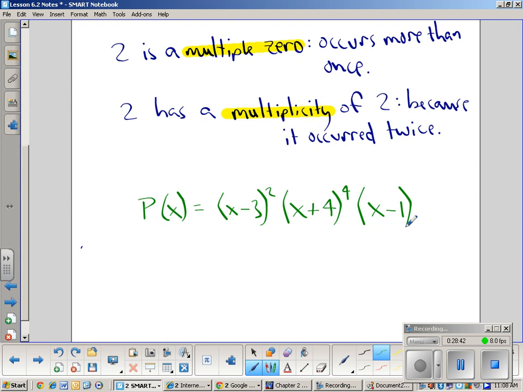Can someone tell her what multiplicity means? How many? 4 times, that's correct.